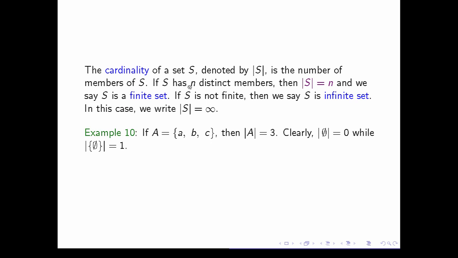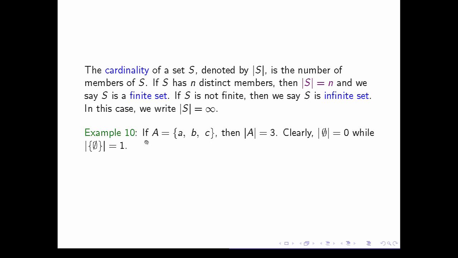So if S has n distinct members, then the absolute value of S is n, which means the cardinality of S, or the number of members of S, is n. If S is not finite, that means it has infinitely many members, then its cardinality is infinity.